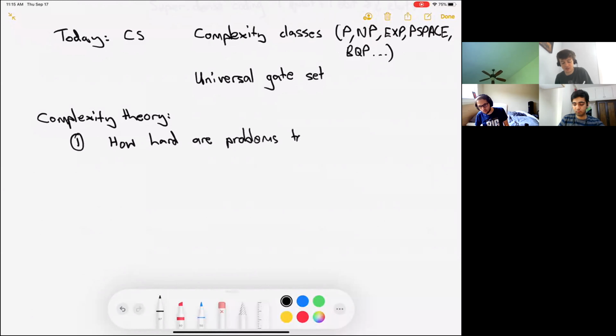So the most heuristic level, you'd like it to be able to tell you, for example, that the Riemann hypothesis is harder to prove or disprove than, say, the Pythagorean theorem. In practice, that's not something that you can really quantify.